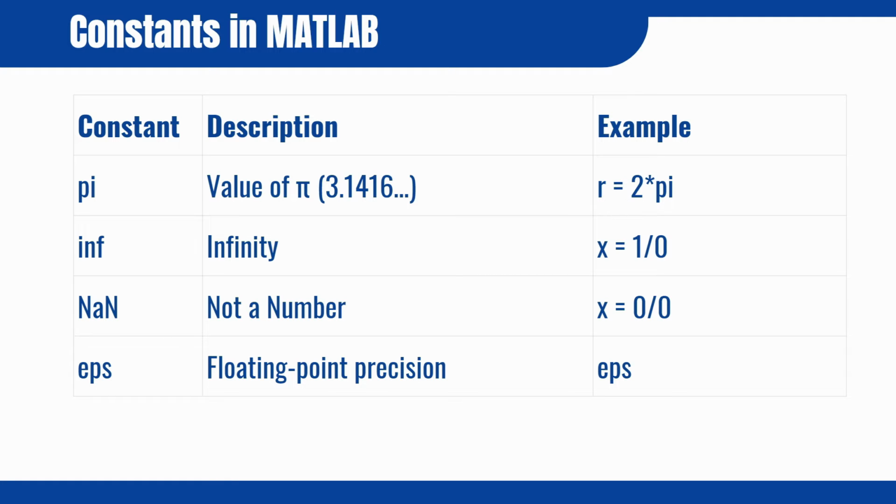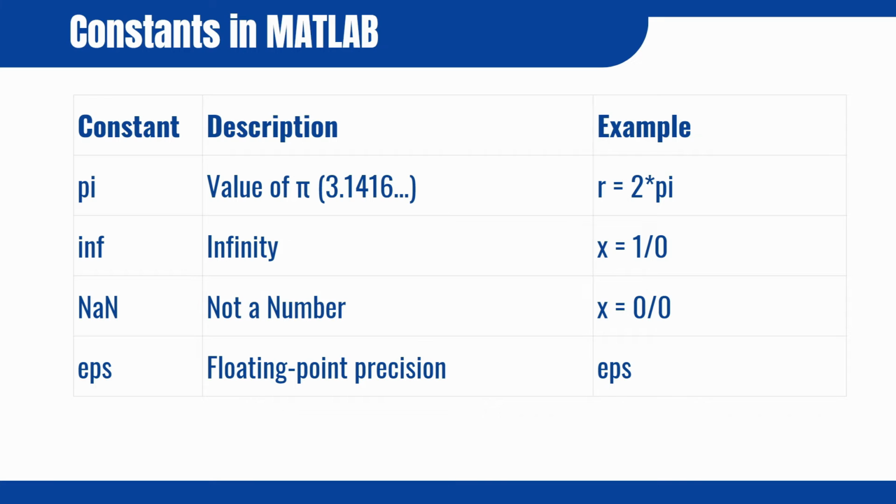And 0/0 or infinity divided by infinity are not a number, so NaN means not a number, and eps is the floating point precision. So these are some constants built into MATLAB, and we must be familiar with them while using MATLAB.